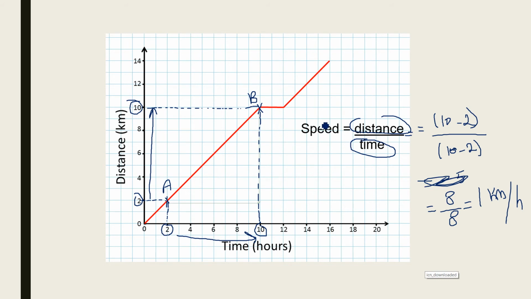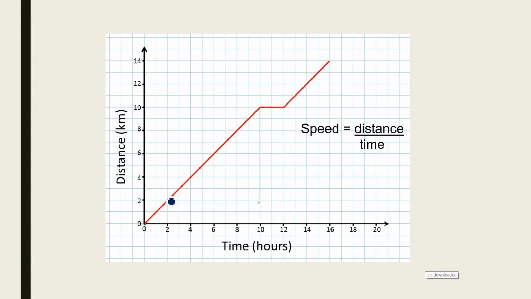Yes, so here I will give you the same method, but with another way of calculation. When I choose 2 points on this graph, I'm finding the slope of the graph.